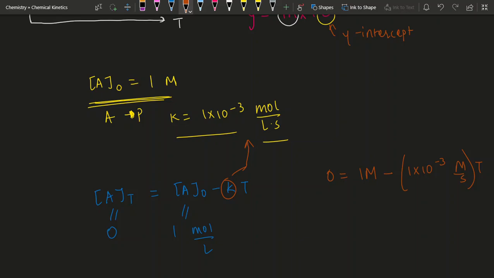And you solve this, so in the end you would get t equals 1 molar over 1 times 10 to the power negative 3 molars per second, and that is equal to 1,000 seconds, and that's roughly equal to about 20 minutes or so. That's roughly equal to somewhere about one third of an hour.